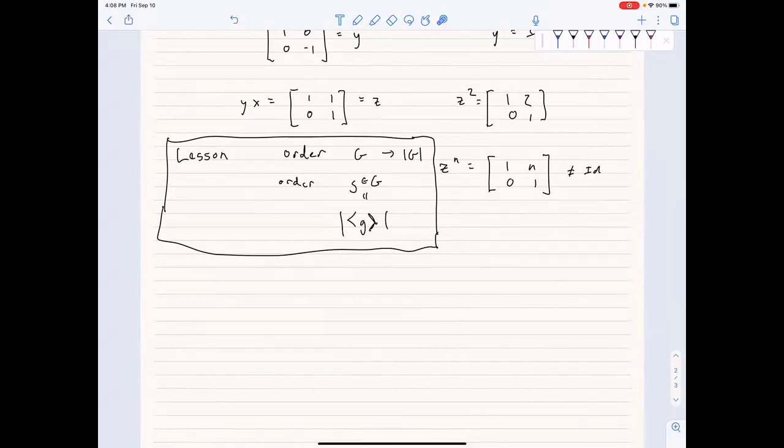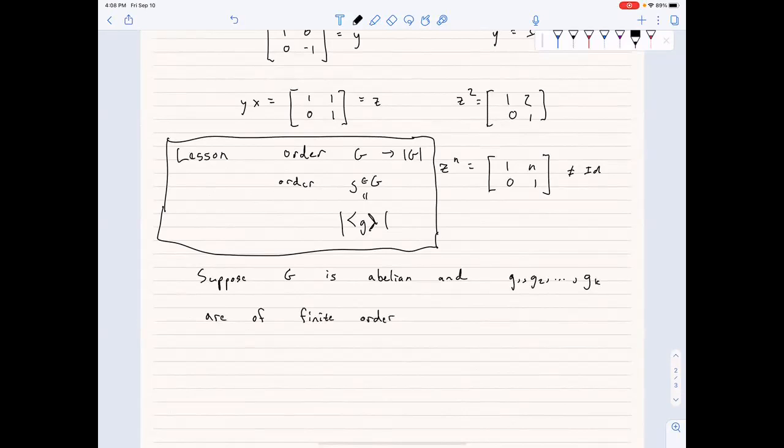Anyway, moving on. Suppose G is abelian, and you guys can tell me what's going on. Let's say g1, g2, all the way up to gk are elements of finite order, and we'll give the actual orders, say orders n1, n2, up to nk.